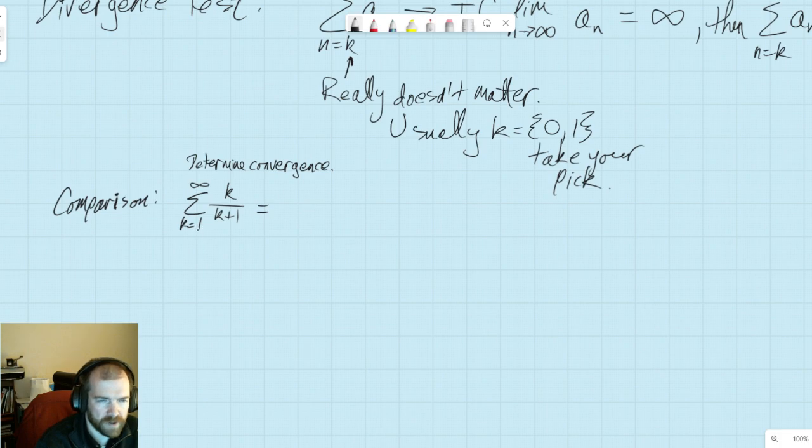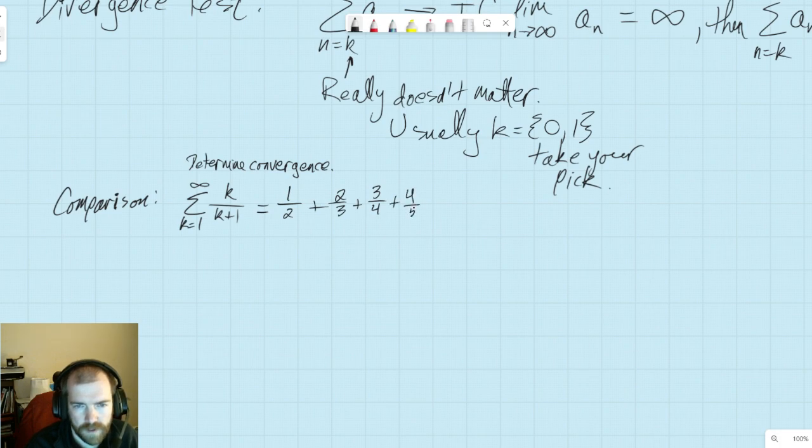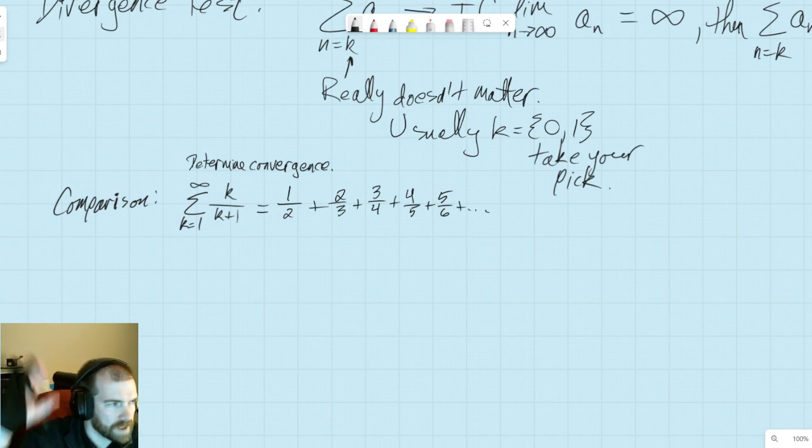Alright, so if k equals 1, we're going to get 1 over 1 plus 1, which is 2, plus, if k is 2, then we're going to have 2 divided by 2 plus 1 is 3, so 2/3, plus 3/4, plus 4/5, plus 5/6, plus, etc. Right, but the point is that it just keeps going on forever.